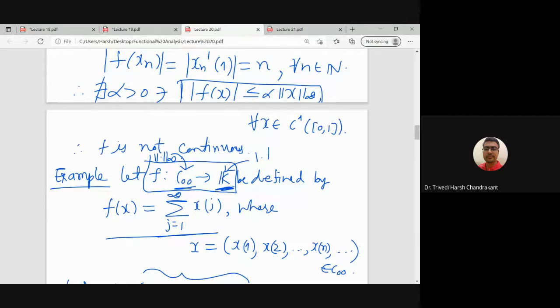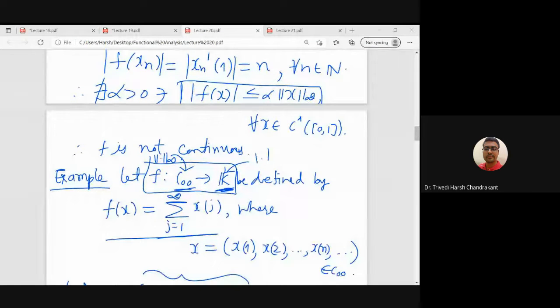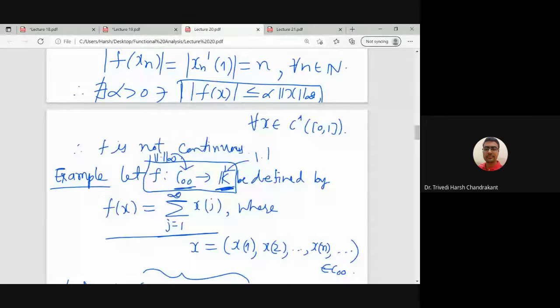We are taking the same linear functional f, which is the sum of the coordinates. It is a function from C00 to k, but here, instead of the supremum norm on C00, we are now defining the one norm on C00, and on k we have the modulus norm anyway. So with respect to these two norms, the question is whether this function is continuous or not.